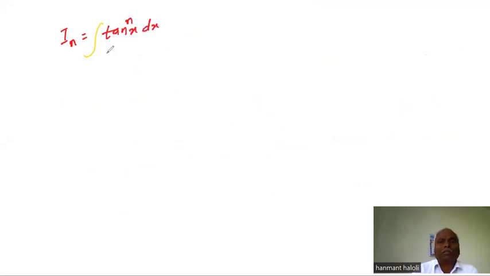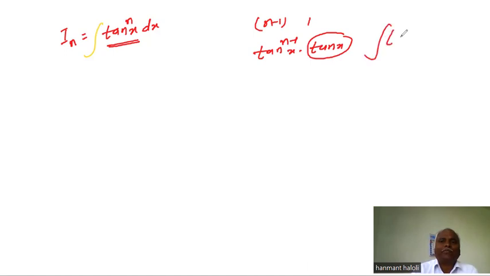How to split such integrals? While splitting sine and cos, we split it into n minus 1 and 1. But here, if you split it like tan^(n-1) x into tan x, this is not easily integrable. Therefore, we use the integration of tan square x dx.